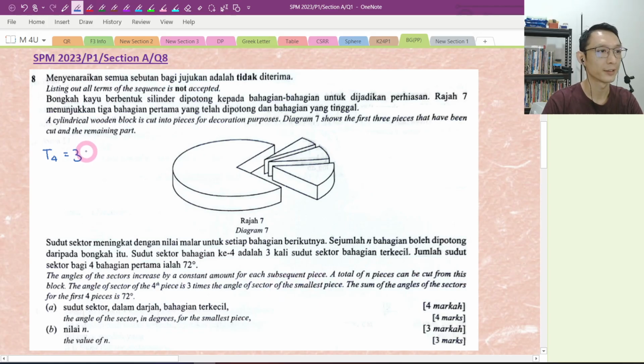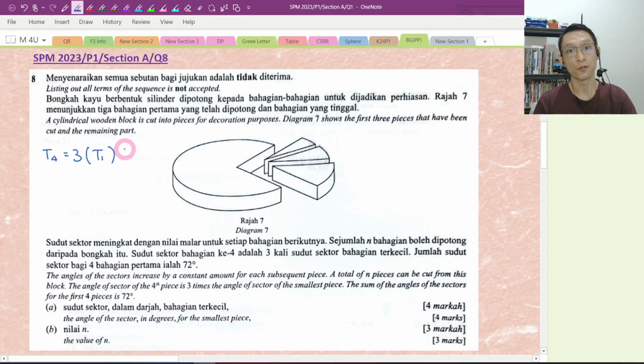So T1, I can write A as well, right? So the first term for an arithmetic progression or for a geometric progression, we can normally use A to represent that. Okay, now the sum of the angle of the sectors for the first 4 pieces is 72 degrees. S4 is 72.